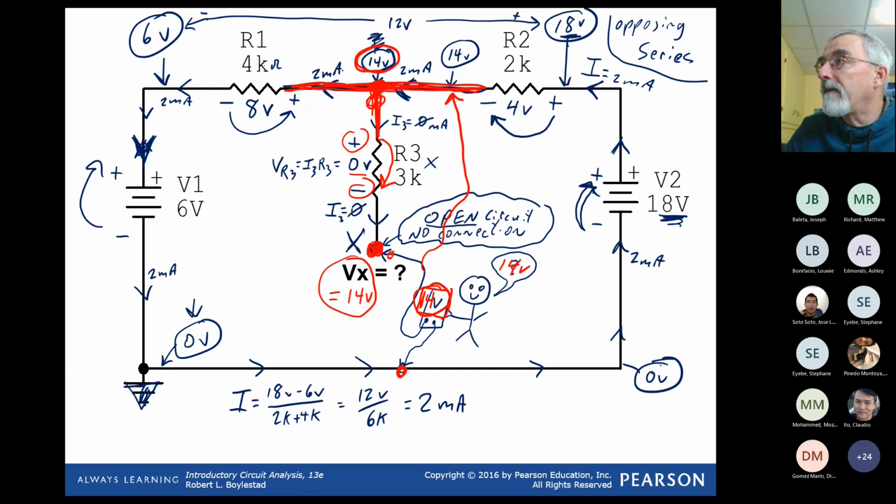So these 2 points are at the same potential, at the same voltage. The reason is that there's no current flowing. When there's no current flowing through a component, there's no volt drop, and they remain at the same voltage. That's another tricky concept.